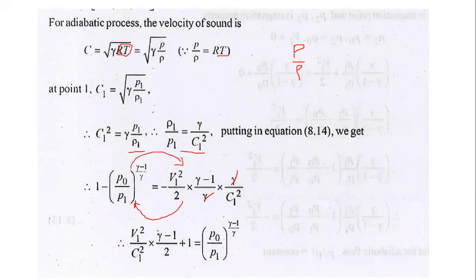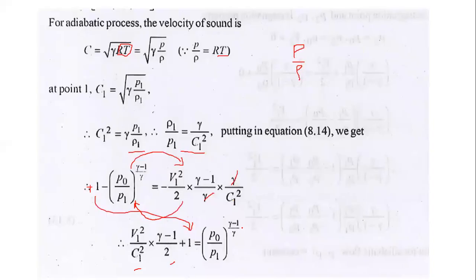So we are getting V1 square by 2 into C1 square, into gamma minus 1. This plus 1 putting here is equal to, minus is shifted here so it becomes plus, P naught upon P1 raised to power gamma minus 1 upon gamma.